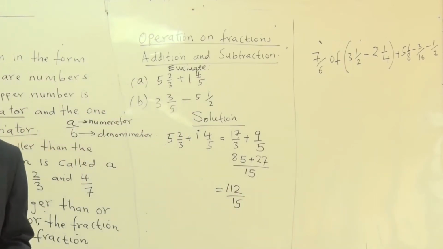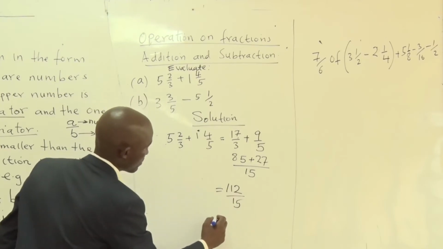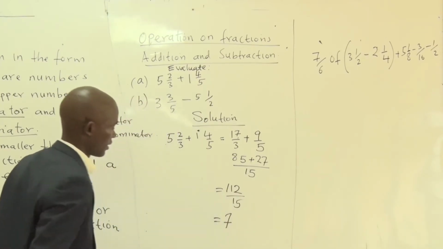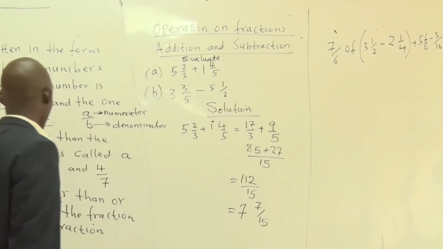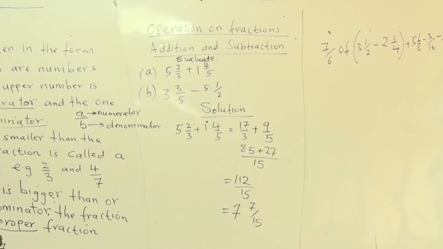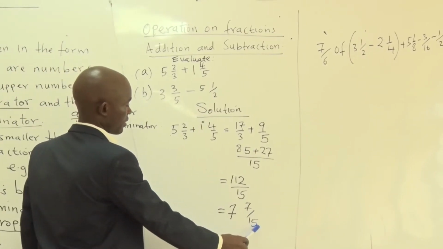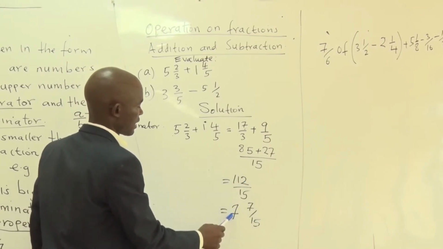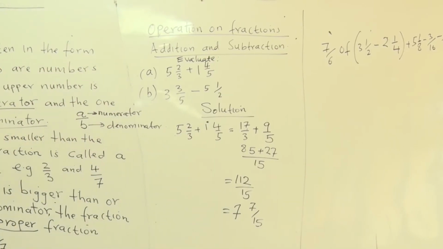This is the same as writing 7 and 7 over 15. That will be the answer. 15 goes into 112 7 times, and of course 7 remains.